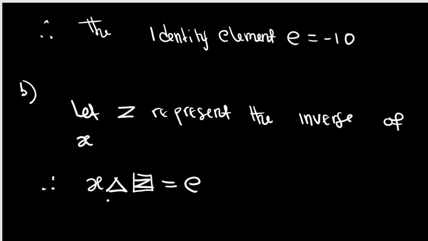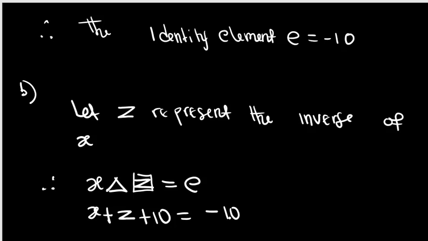This gives us x plus Z plus 10 equal to E, and E is negative 10.